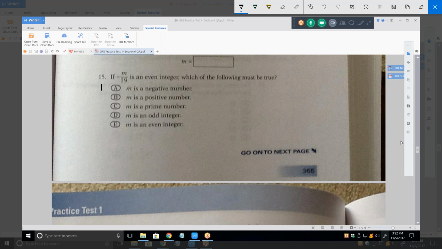Now B: m has to be a positive number. Well, I could let m be negative 38. And now negative 38 divided by 19 with a negative sign in front of it is positive 2. So that doesn't work either. I just proved that m can be positive or negative.